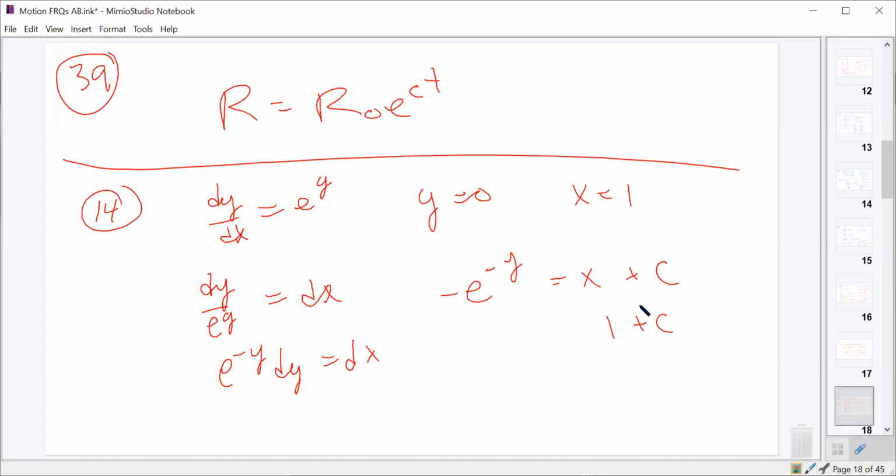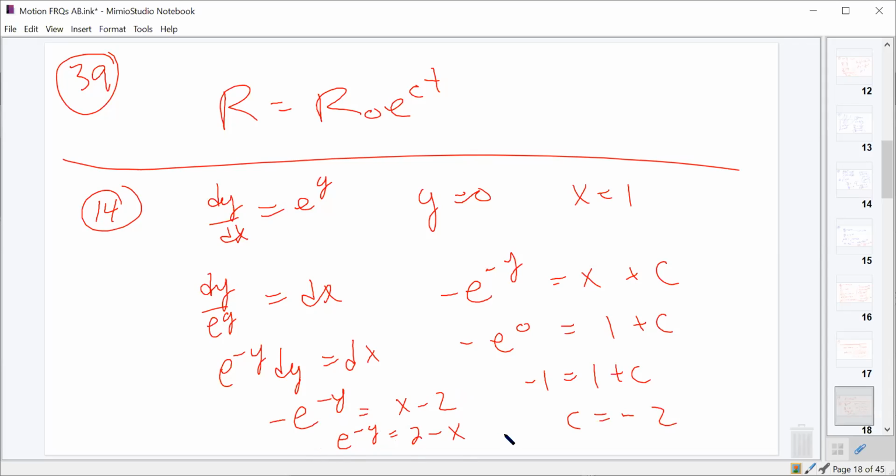So 1 plus c equals negative e to the 0. So that's negative 1 equals 1 plus c, where c is negative 2. And if c is negative 2, then we should just be able to go back in and say negative e to the negative y equals x minus 2. e to the negative y equals 2 minus x.